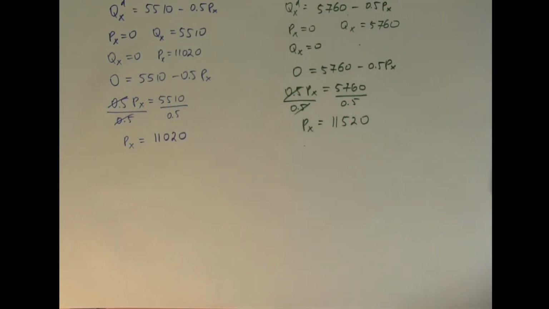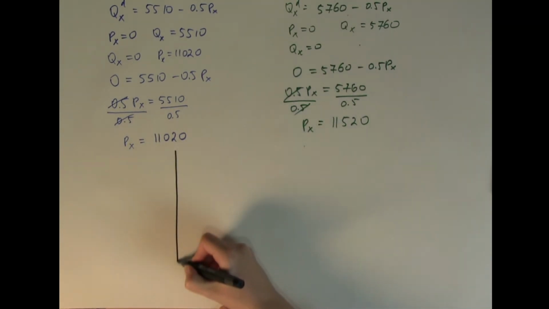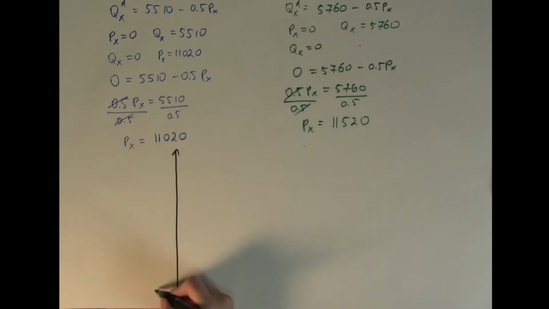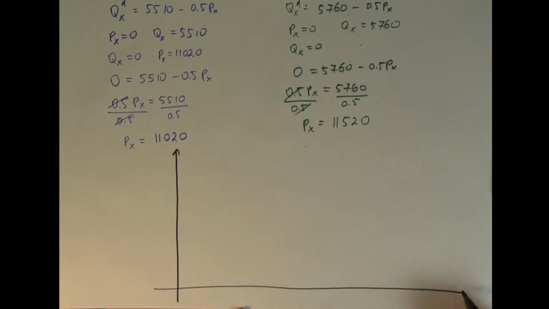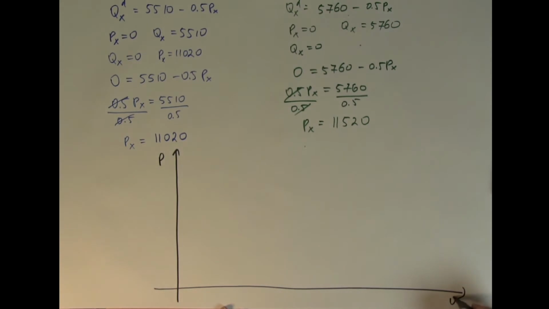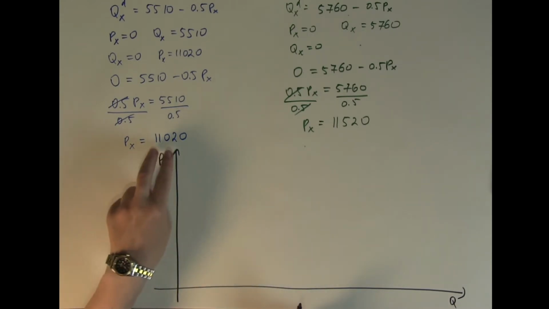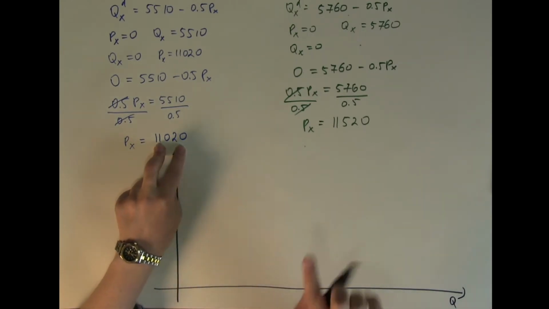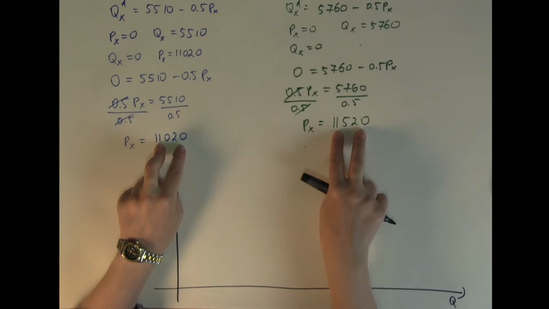Now I need to draw these two lines. Remember, this is P and this is Q. Now, in P, I need to go up to 11,520, so I need to go up quite high.